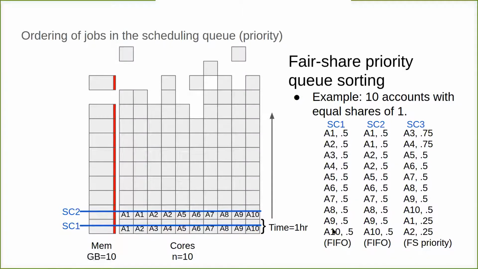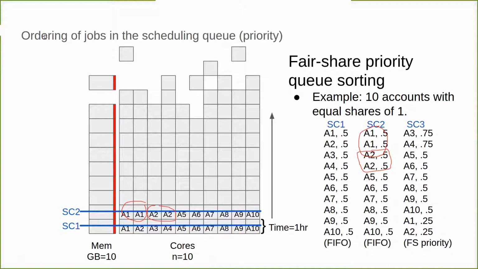All the accounts submit a job, they all run a job, and then on the next scheduling cycle, if the first account submits 2 jobs here, and the second account submits 2 jobs, but accounts 3 and 4 don't submit any, then accounts 1 and 2 on the second cycle will be using twice their share of the system during this second scheduling cycle.